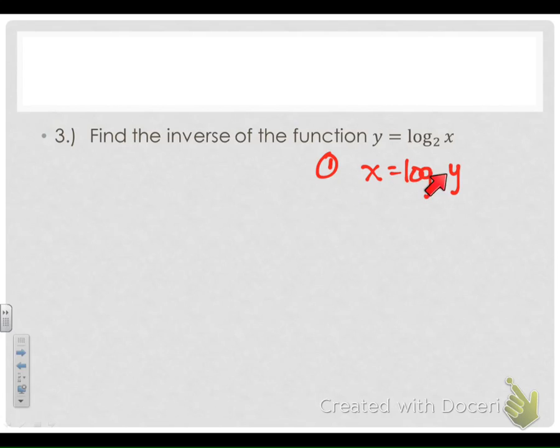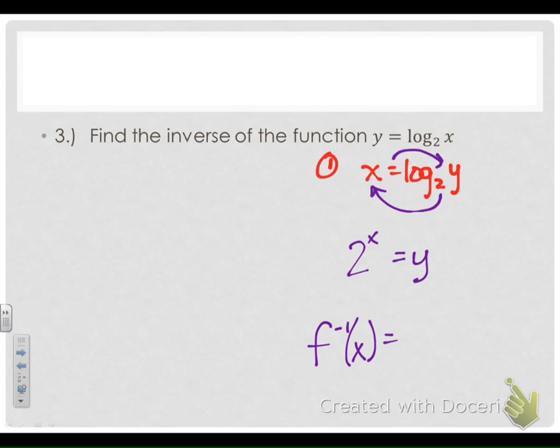You could rewrite, taking the base 2 to the x power, equals y. 2 to the x power equals y. And this is the inverse, so let's indicate that. I mentioned how we could use f inverse of x or just y inverse, either one is okay. So I'll say this function's inverse is 2 to the x.